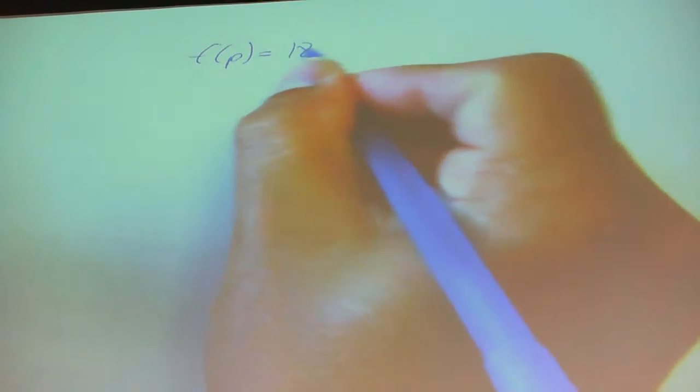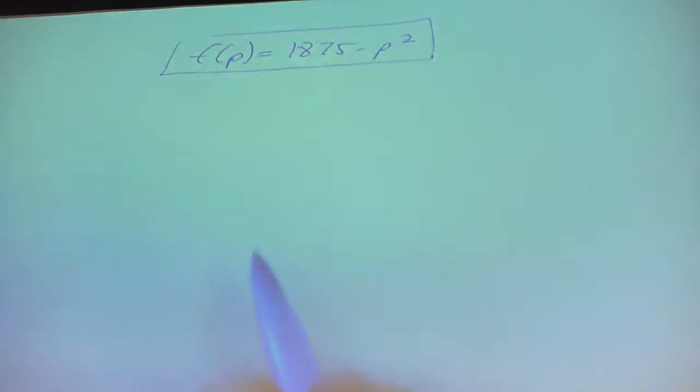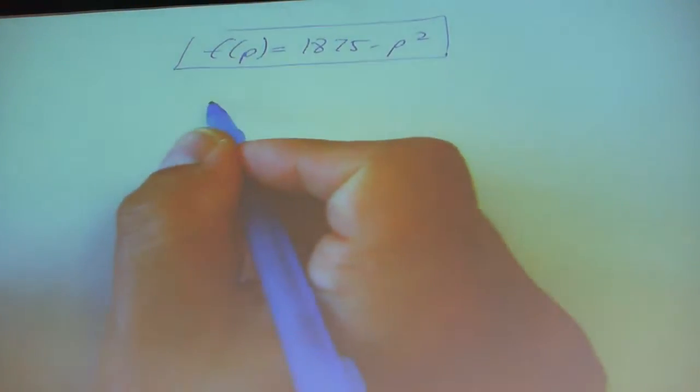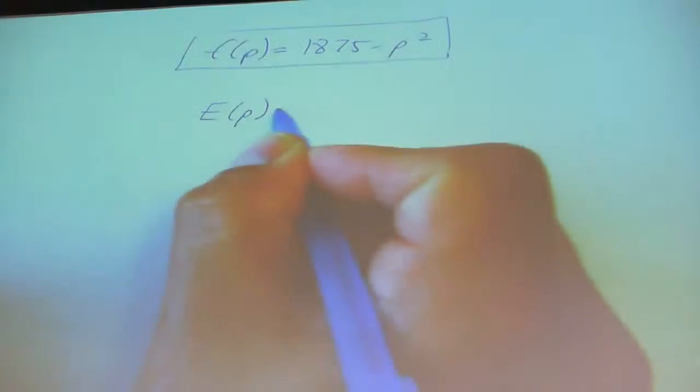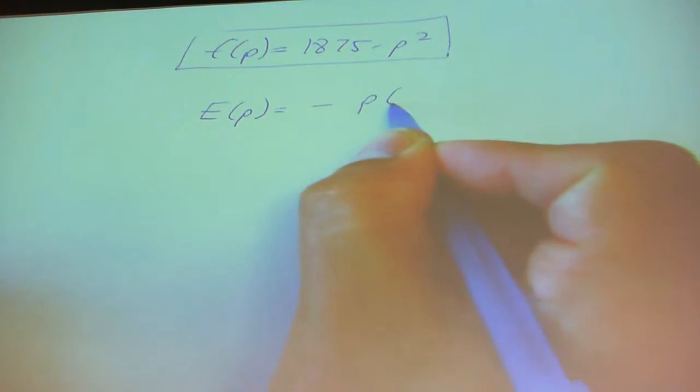Now, let's practice. Now we have all the setup and all the background. Here's what you're given. You are given the demand equals 1875 minus P squared. That's what you're given. Step 1, find the elasticity of demand function.